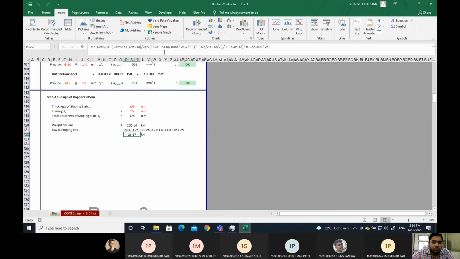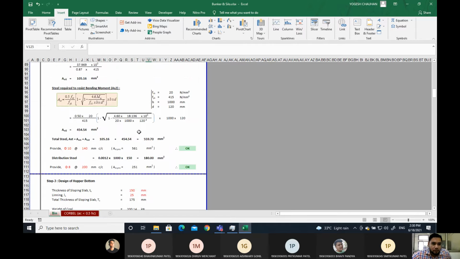And the second case is 2 pi into 1.25 plus 0.225 by 2 multiplied by root 2 into 0.175, that is the slab thickness, into 25, it is 28.67, you are getting. So the formula is correct for both the cases.